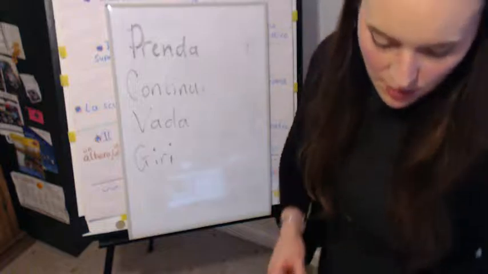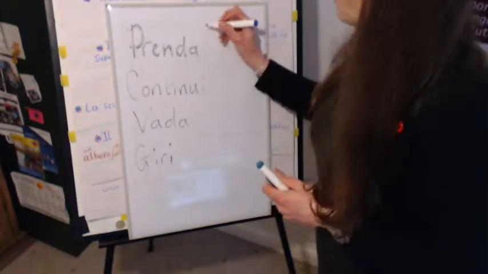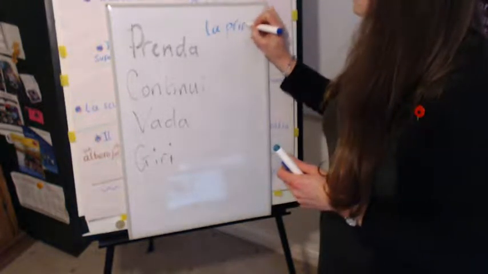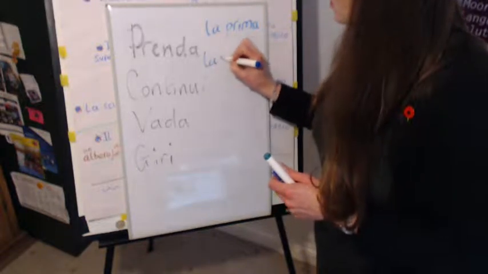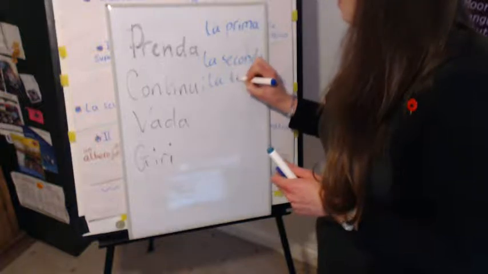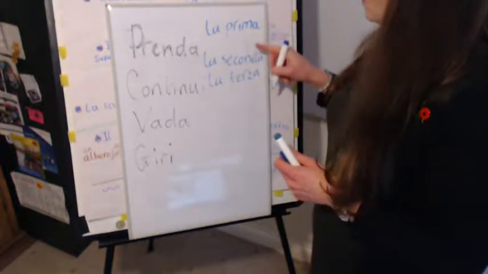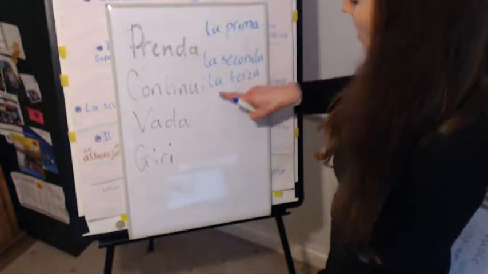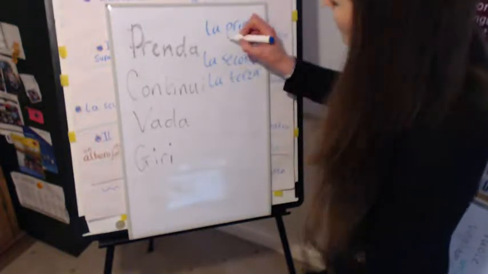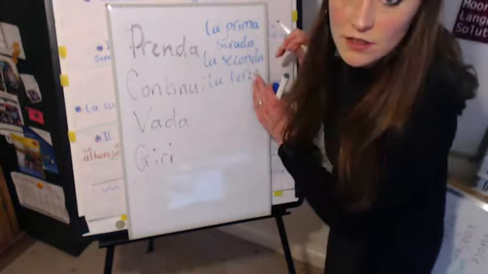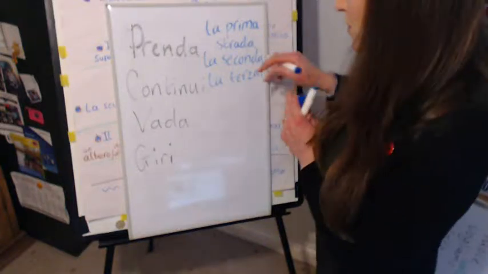So we need to know how to say the first, the second, etc. So prenda la prima, that's the first, la seconda, that's the second, and la terza, the third. Why is it la? La prima, la seconda, la terza. It's because I'm going to use the word strada afterwards, which is the first road, or the first street.